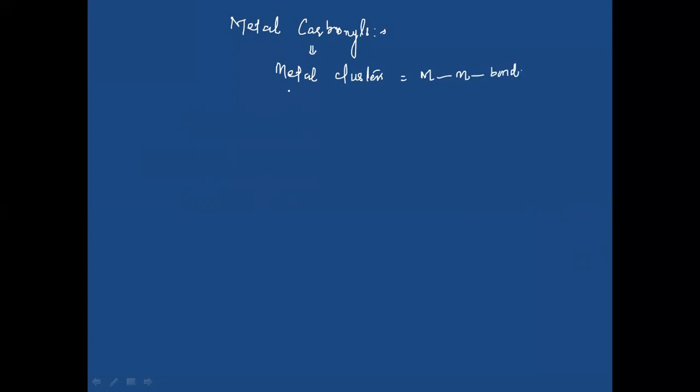Basically, we have two types of these metal clusters. One is known as low nuclearity metal carbonyls or metal clusters.